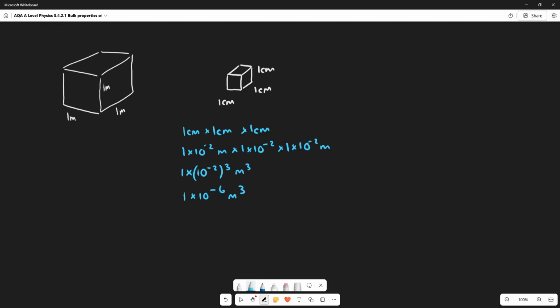And there we have it. Each of the centi need to be converted to the number that they represent. They are being cubed together, and then we simplify.